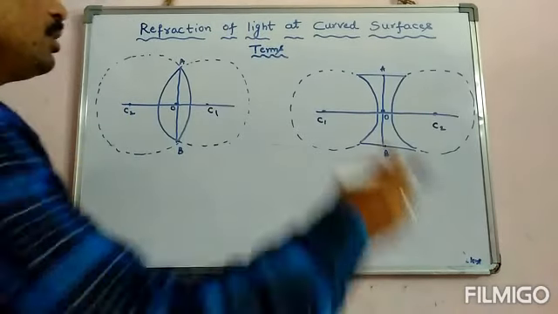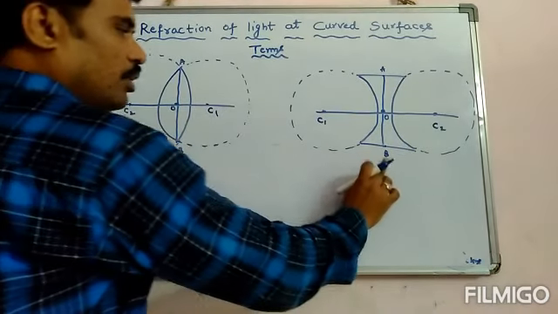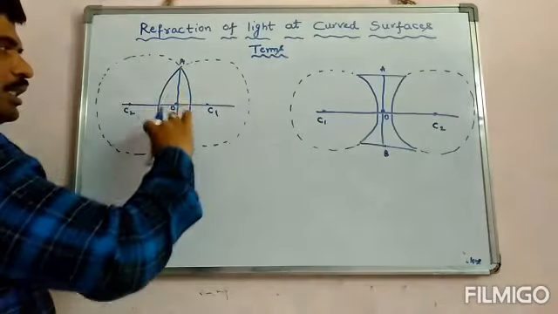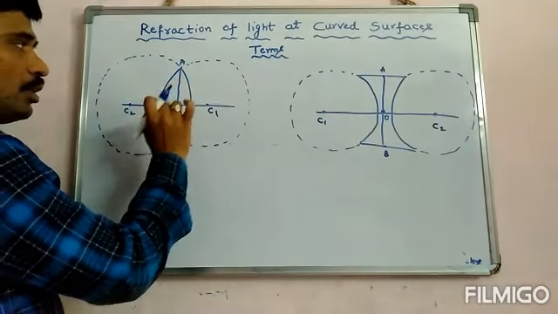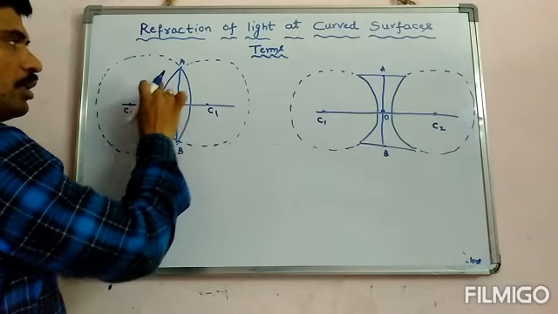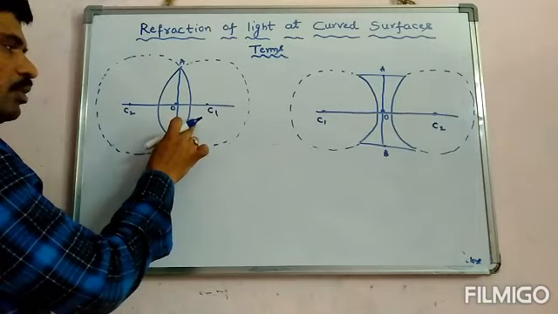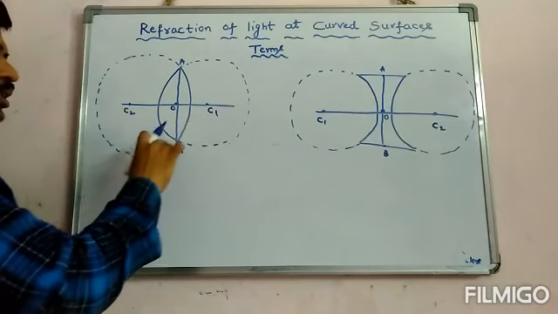So let us learn the terms related to convex lens and concave lens. Here you can see a convex lens. Convex lens has two curved surfaces. The first curved surface is a part of a sphere. Second curved surface is also a part of a sphere.